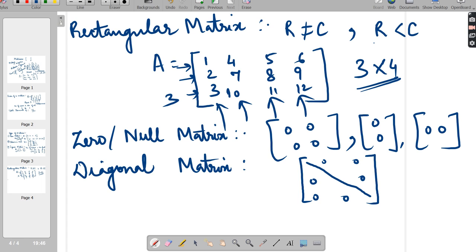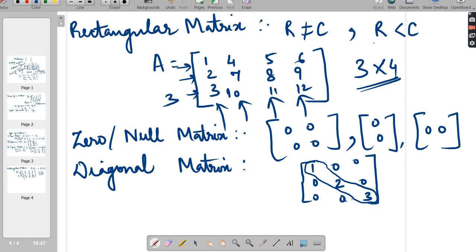So suppose if I remove this and put some values here, 1, 0, 0, 2, 0, 0, 3. So if you can see in this, only diagonal elements are non-zero and the rest of the places are filled with zeros. So diagonal matrix is the type of matrix where you will find values only in the diagonal part of any given matrix.